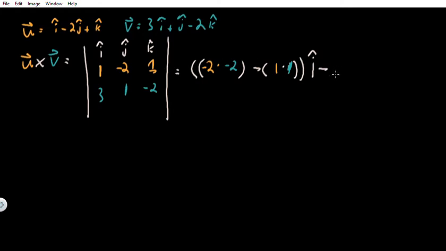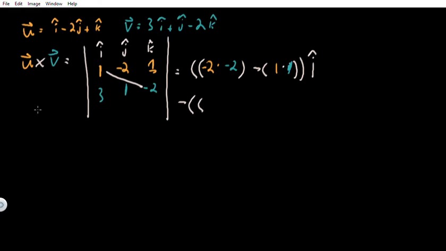I'm going to subtract next from this. I'm going to put this below it actually because I'm going to run out of room. Minus. Now I'm going to cover the column containing j hat. Next, we're going to take the product of the entries on this corner or on this part over here and this one, 1 and -2. And we're going to put another parentheses just to stay neat.